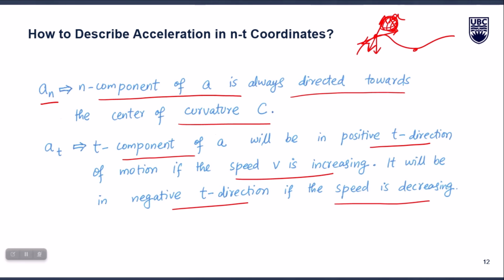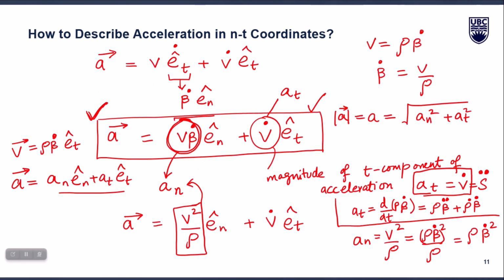At the point of inflection, the normal component will become 0, because you can see from this equation, this is your a sub n, which can also be written as v squared over rho, right? So when you are exactly at the point of inflection, what happens? Actually rho becomes infinity. So if for example you have a motion like this, and exactly at this point you have the point of inflection, you will see that there is no curvature here.